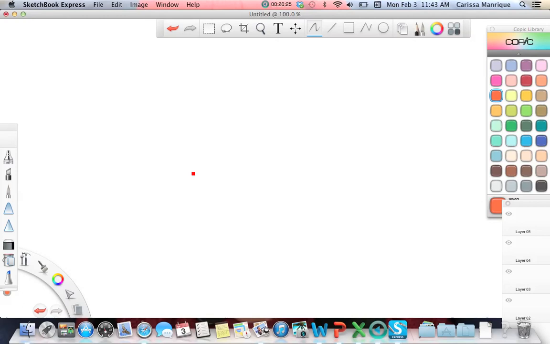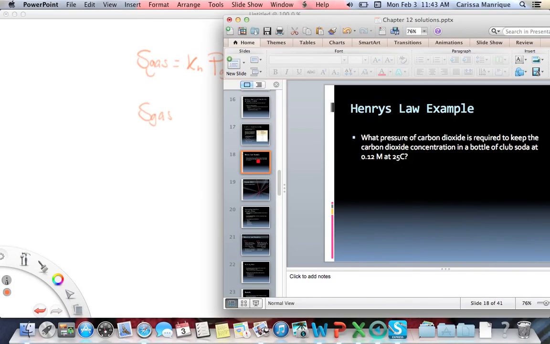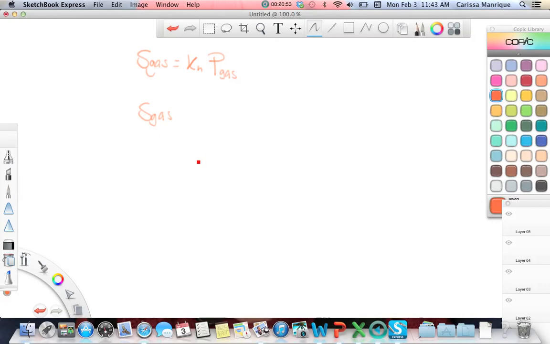So let's write down the formula. S of the gas, the concentration or solubility, equals K_H, the constant, multiplied by the pressure of the gas. We know the solubility of the gas that we need is 0.12 molar. I told you the units there will be molarity.